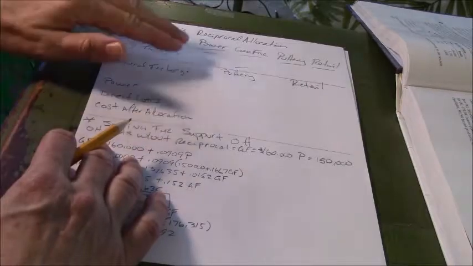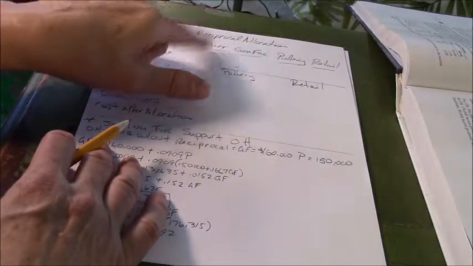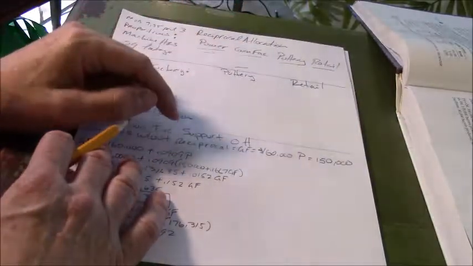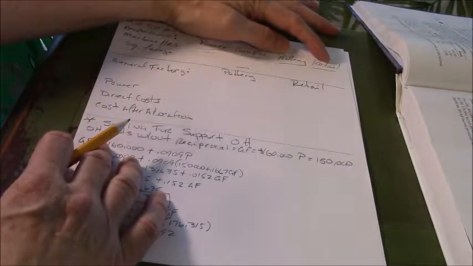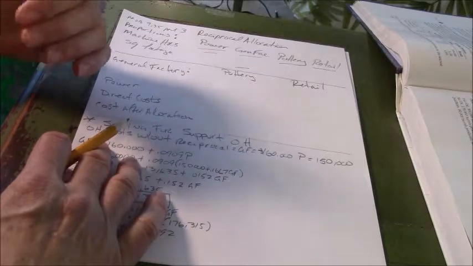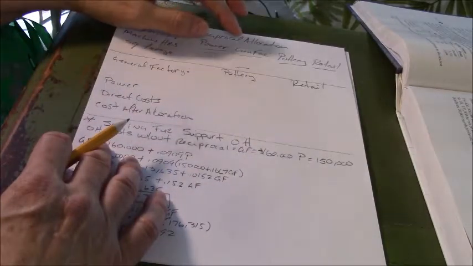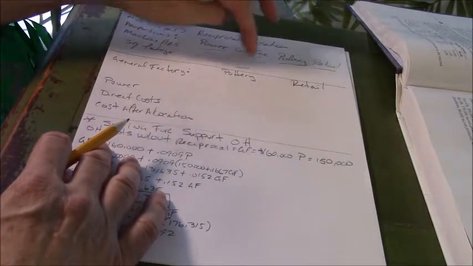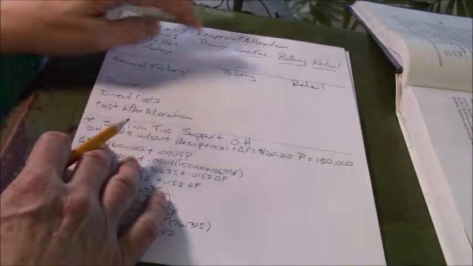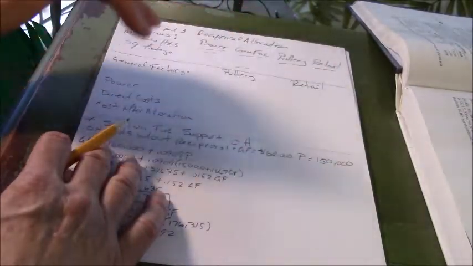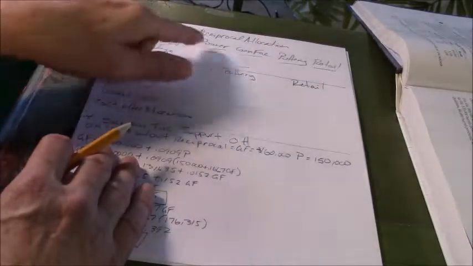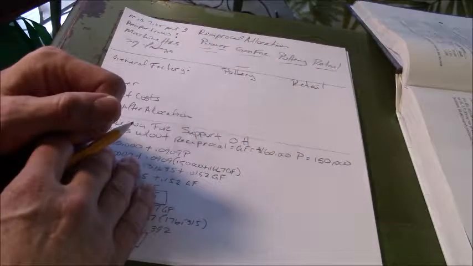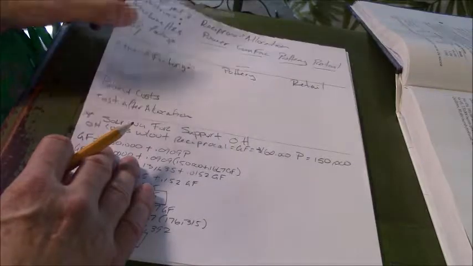So this time we have to figure out proportions for power, general factory, pottery, and retail. The first time we did direct, we just had to do the proportions for pottery and retail. When we did sequential, we just had to pick the one we did first and do it. So we didn't have to do all of them. But now, because we're going to be reciprocal and going back and forth, we have to figure out the proportions for all of them. Alright, so I did that on a separate page here.